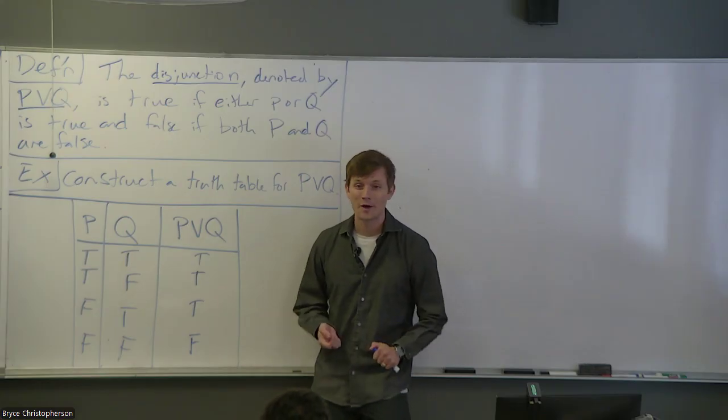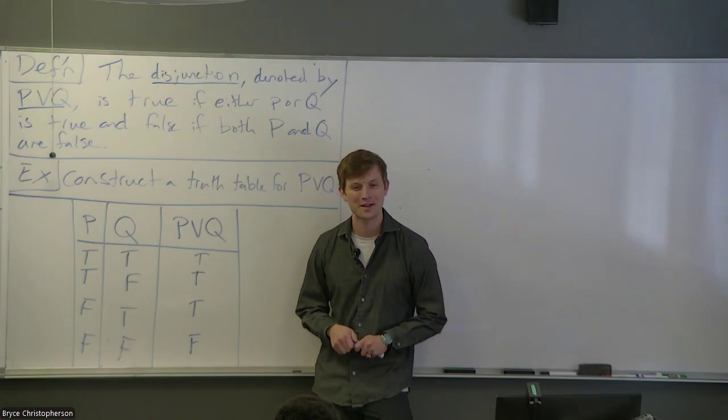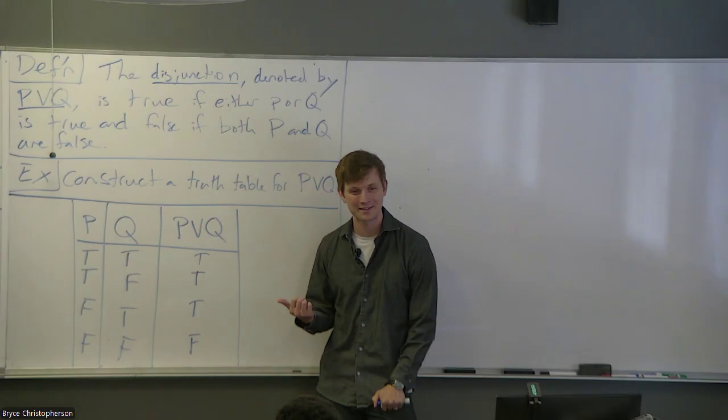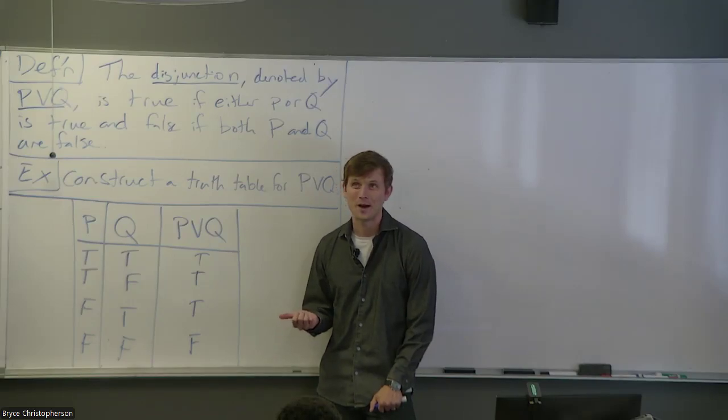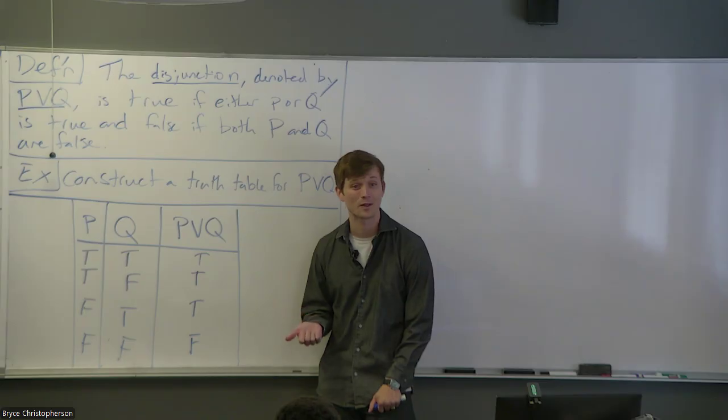They're a useful tool. I will have you make an extremely frustrating number of them on your first homework assignment. Everyone looks at these and says, okay, this is easy, I can do this, but as soon as you start chaining these together even a little bit, it is very easy to make a mistake. As soon as you have a highly compound proposition, even just involving ands and ors, it can get messy really quick.